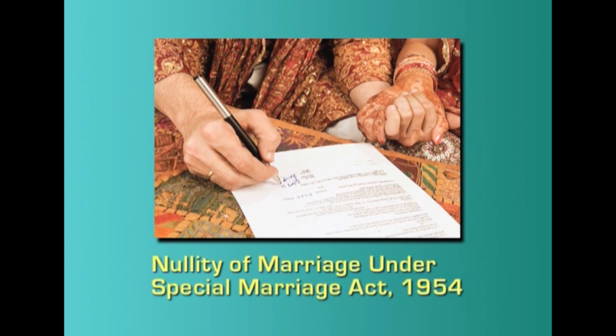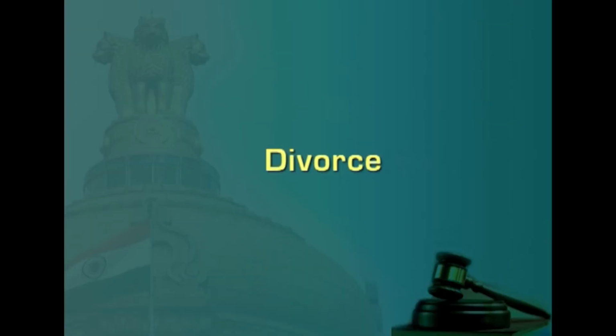Under the Special Marriage Act 1954, Section 24 of the Act outlines the grounds which lead to a void marriage. Further, marriage is voidable under the Act on grounds of non-consummation of marriage or pre-marriage pregnancy or obtaining the consent of the petitioner by fraud or force.